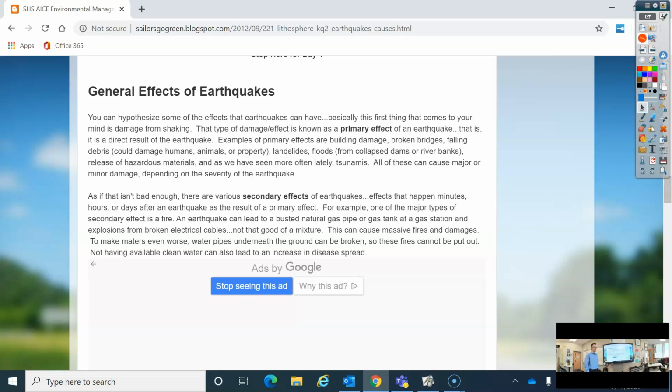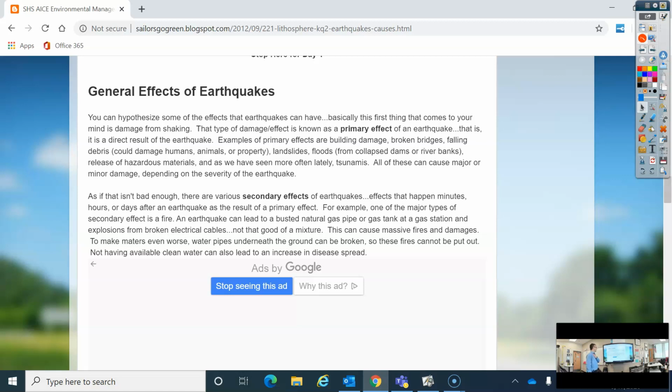But if that isn't bad enough, there are secondary effects of earthquakes. These are things that happen not directly because the earthquake happened, but because something happened that was caused by the earthquake. So these are effects that happen minutes, hours, or days after an earthquake as a result of a primary effect.